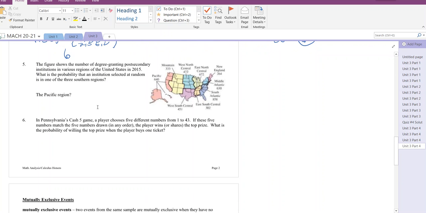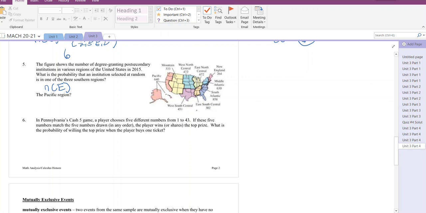Now looking at this figure, we can find some probabilities. The figure shows the number of degree-granting post-secondary institutions in various regions of the United States in 2015. What is the probability that an institution selected at random is in one of the 3 southern regions? The 3 southern regions are South Atlantic, East South Central, and West South Central.